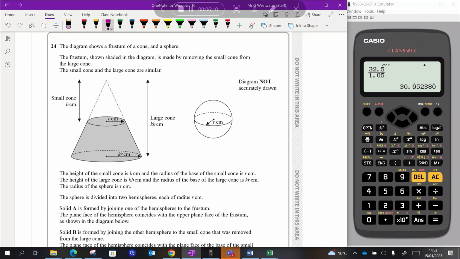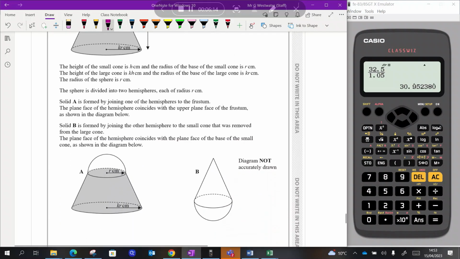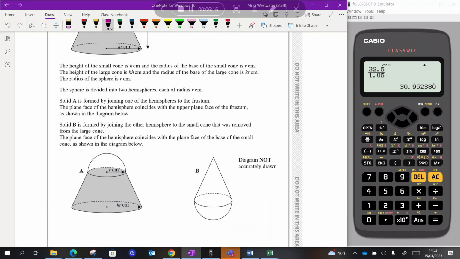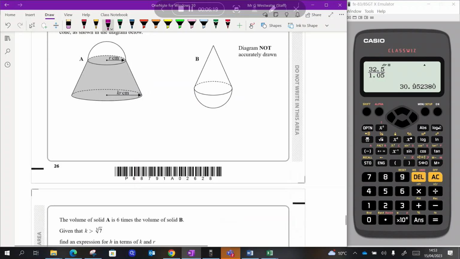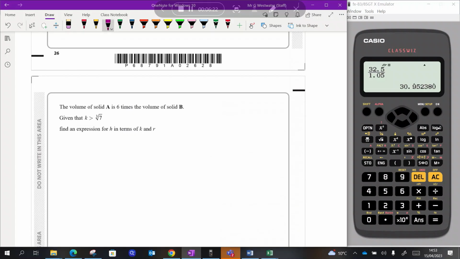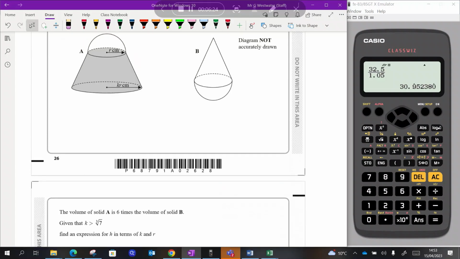The sphere is divided into two hemispheres, both of radius r, so that we get these two shapes, A and B, being formed. And we are told that the volume of A, this larger one, is 6 times the volume of solid B. So this equals 6 times this.